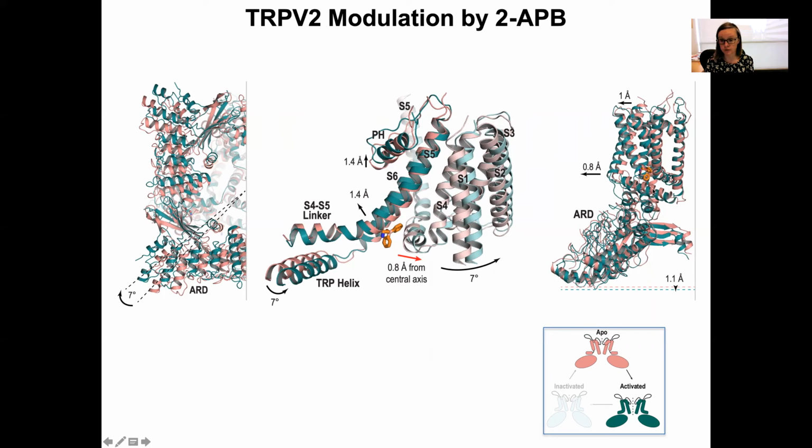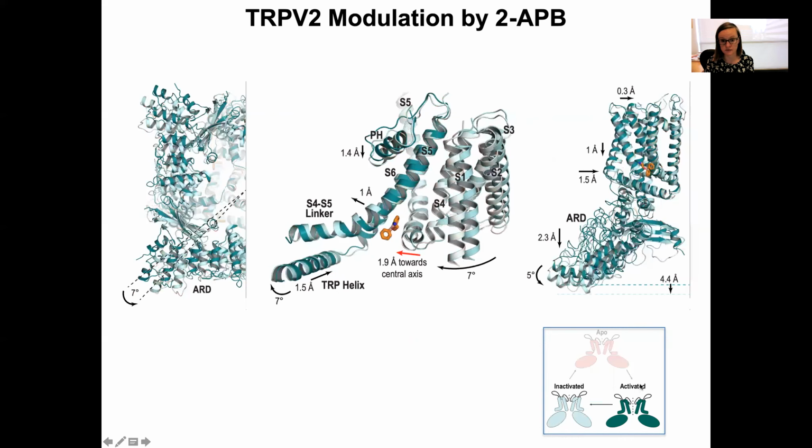If we look from the side, you clearly see that the channel overall is widening with all these conformations. So by looking at our gating cycle, we were able to resolve the conformational changes as the channel goes from apo towards the activated state.